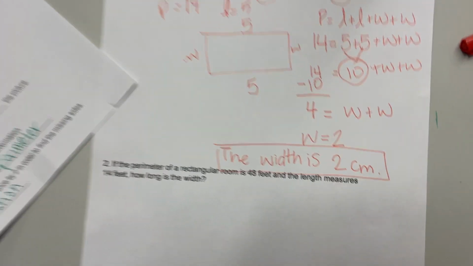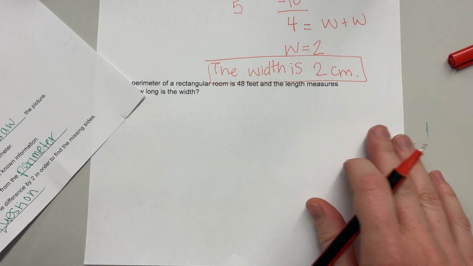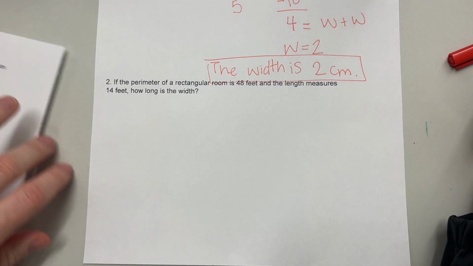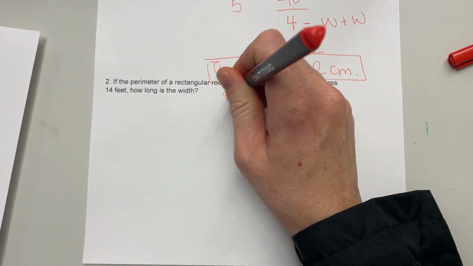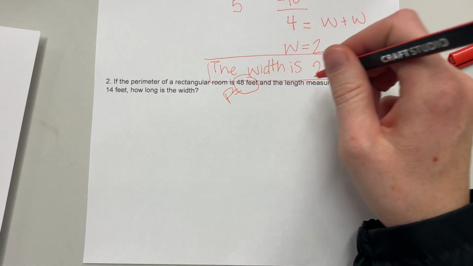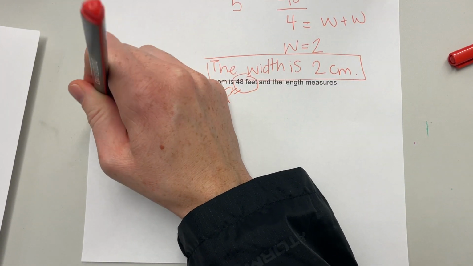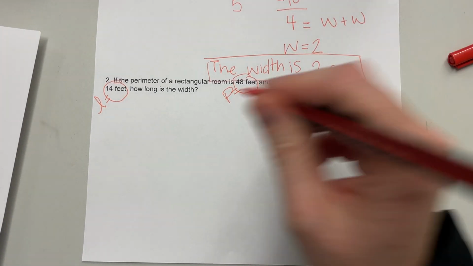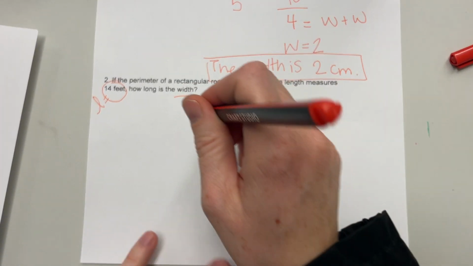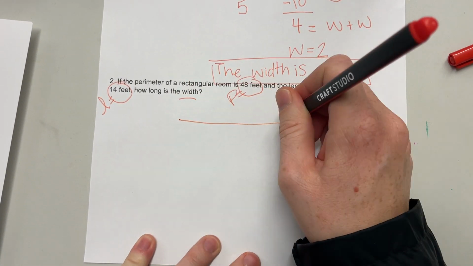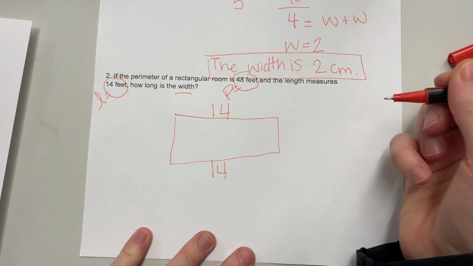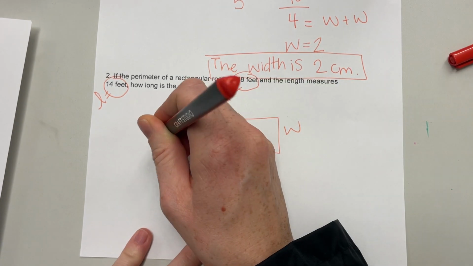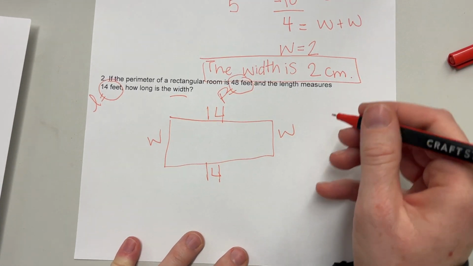Okay, I'm going to give you one more example. It says if the perimeter of a rectangular room is 48 feet, so that's P, and the length is 14 feet, that's L. How long is the width? So I need to draw my picture. 14 and 14. W's are unknown. Now I need to write my formula.